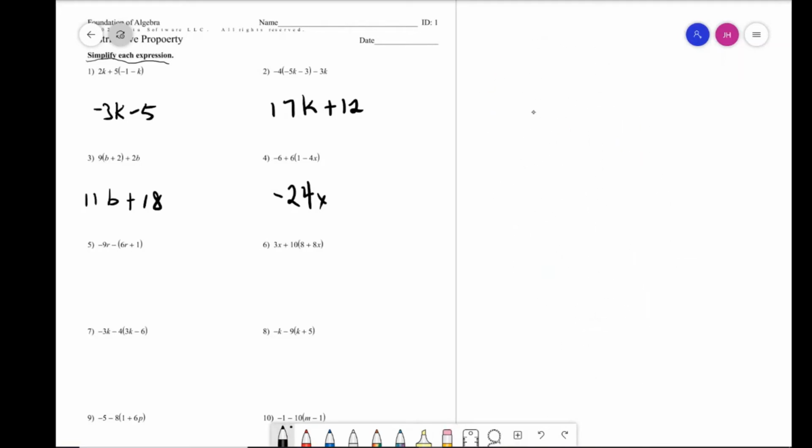Number 5, I have negative 9r minus parentheses 6r plus 1. Let's try to rewrite the question so we can clearly see that the factor outside of the parentheses is -1.